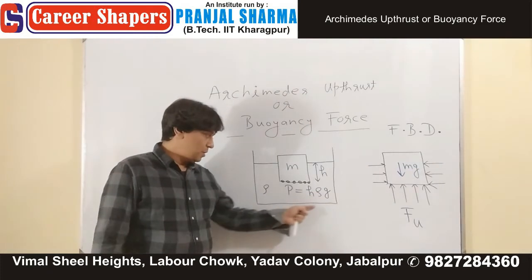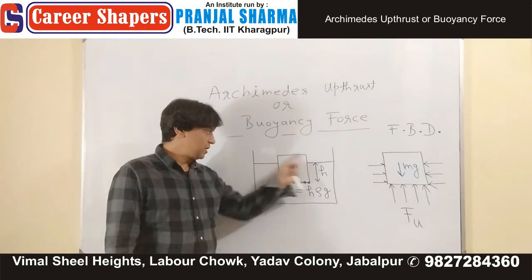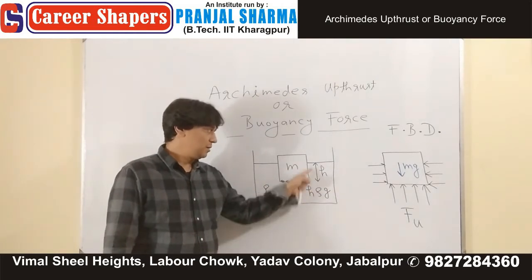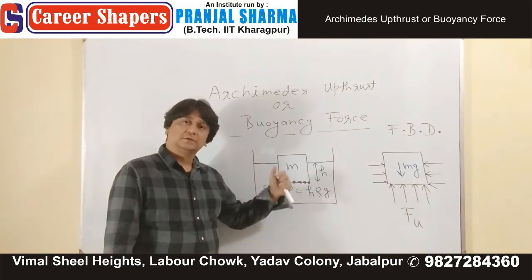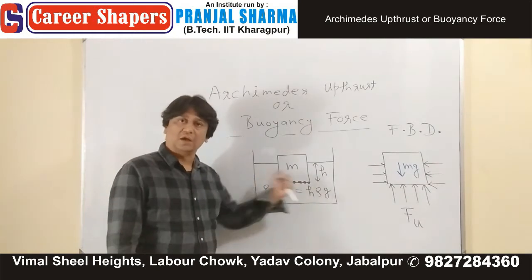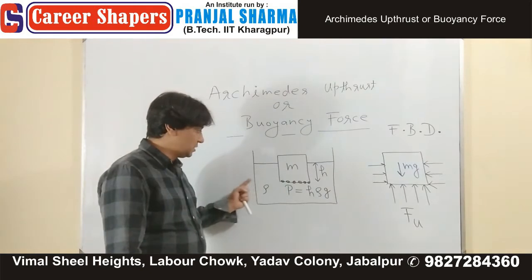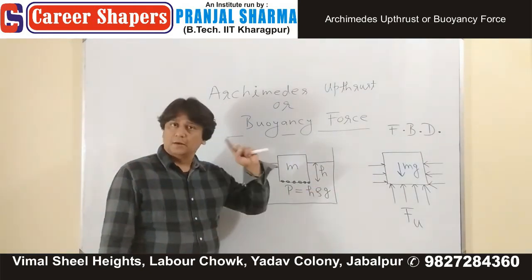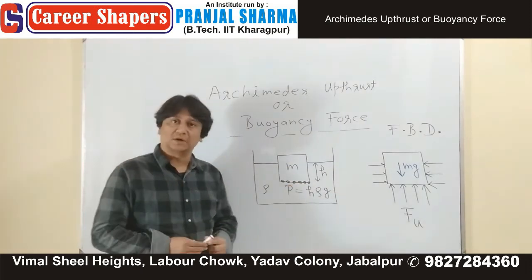Not at the base of the beaker, at the base of the floating object. What is the pressure? h rho g. Depth is h. In static condition, in a situation where you have the equilibrium, at a given horizontal level, everywhere pressure is same, and we have already proved that pressure in all directions is same.